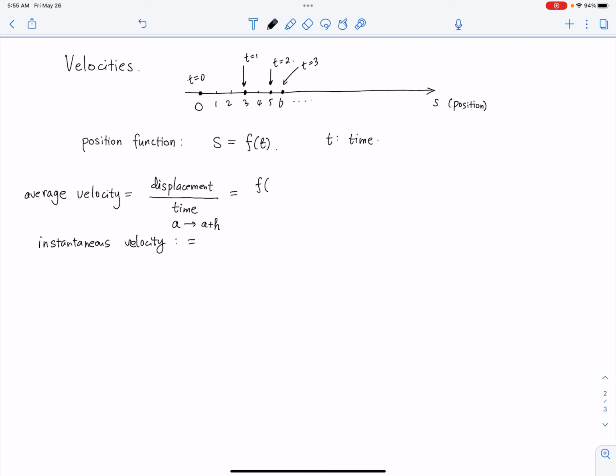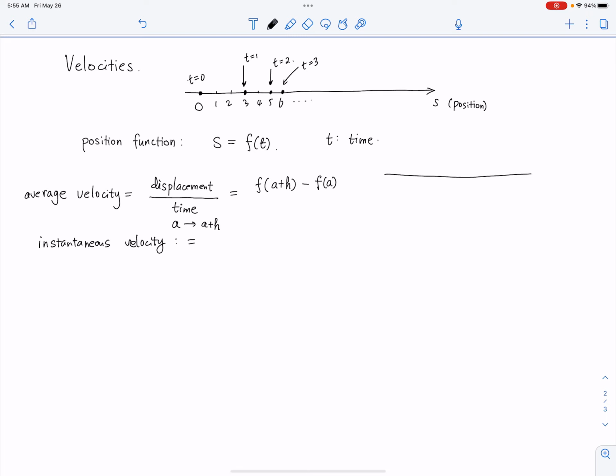So the time interval is h. And then you have the position at a and a plus h. The difference of these two will give you the change in position. So you have f(a plus h) minus f(a).